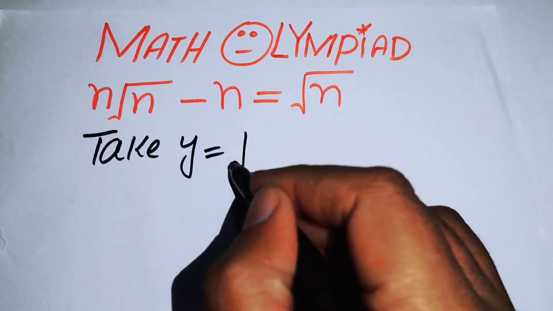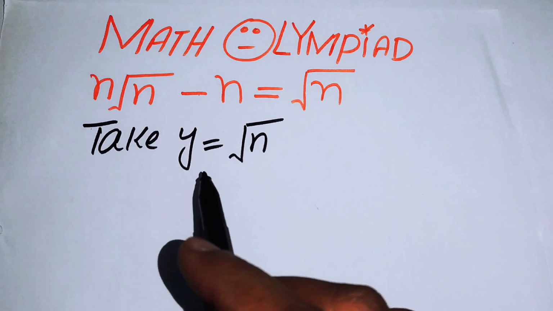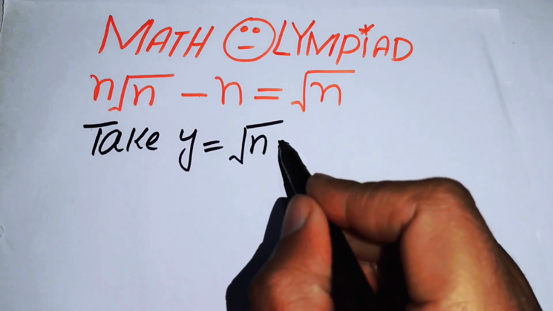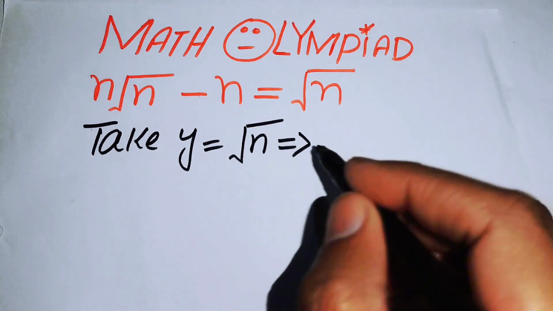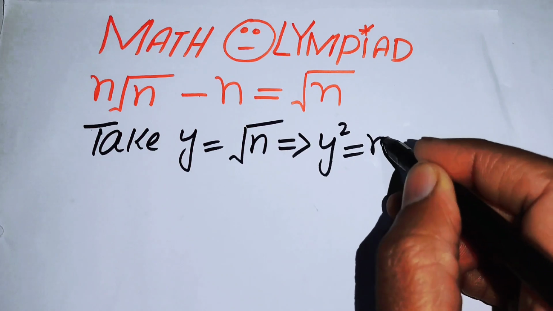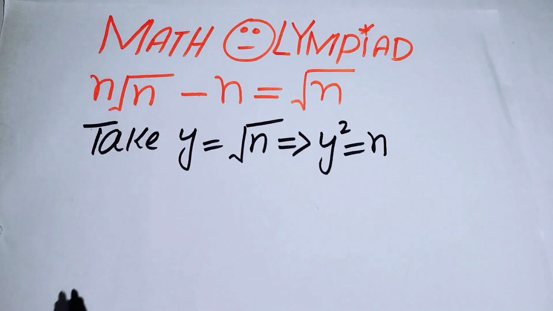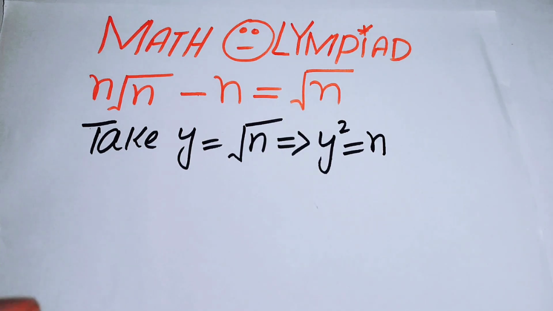y equals square root of n, and you know that if we have y equals square root of n, and we take the square on both sides, then you get y squared equals n. And now we substitute these two values in the given equation.